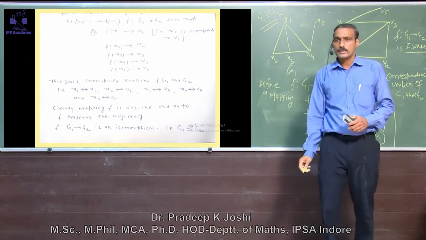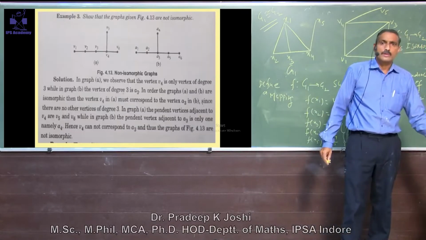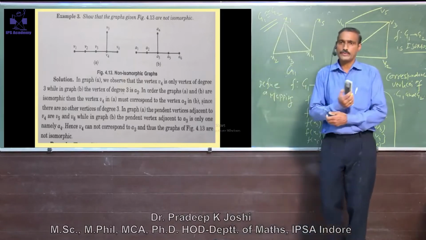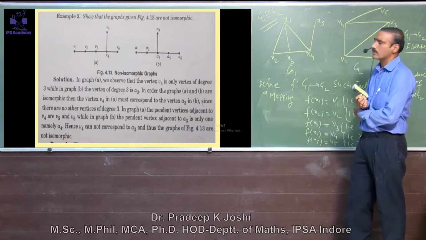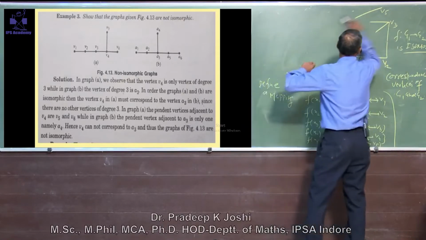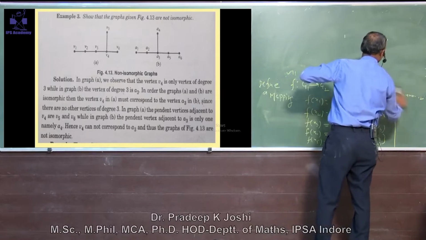Now we take the second example here. All the necessary conditions are satisfied, but the graph is not isomorphic. How do we see why the graph is not isomorphic here?